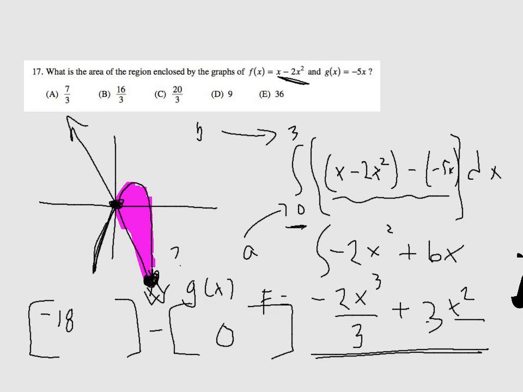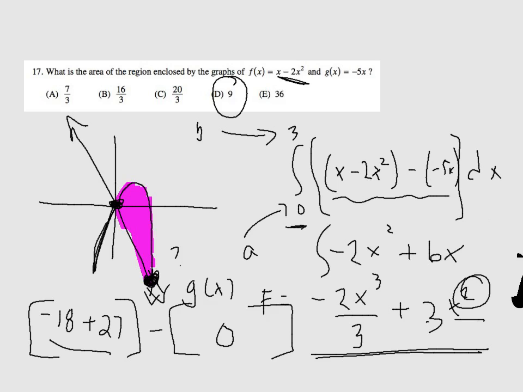That's the first part. Plus 3 squared is 9, times 3 is 27. Add these up, and we get our answer choice of 9.